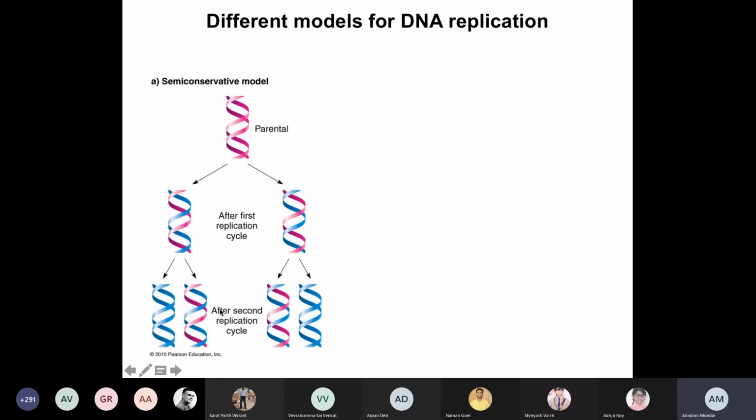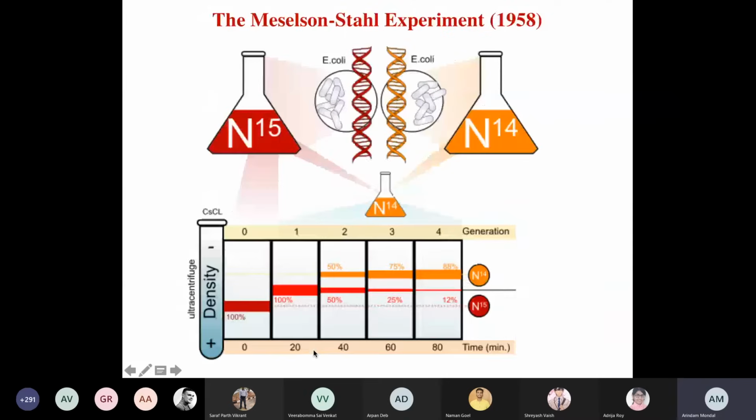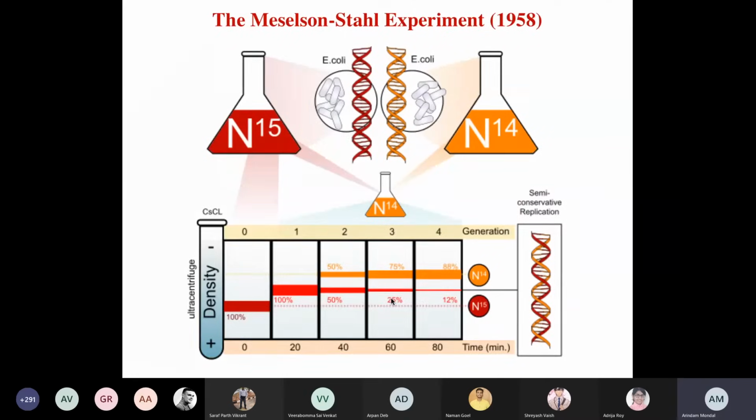So you can keep on drawing in this fashion and you should see why Meselson and Stahl saw this kind of trend in their density gradient experiment. From this pattern, they established that it's the semi-conservative mode of replication that is followed in DNA replication.